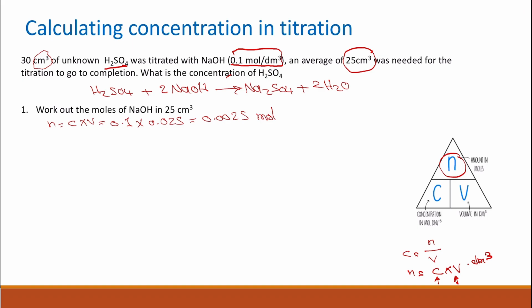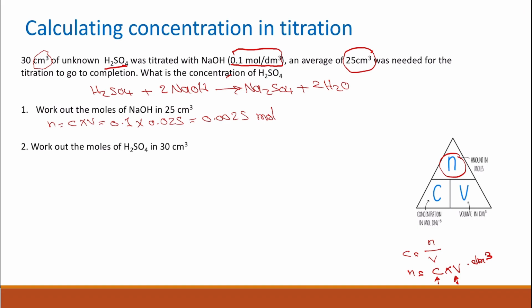The second step is to work out the moles of sulfuric acid in the 30 centimeter cubed. We know that 30 centimeter cubed of sulfuric acid reacts completely with the 25 centimeter cubed of sodium hydroxide.